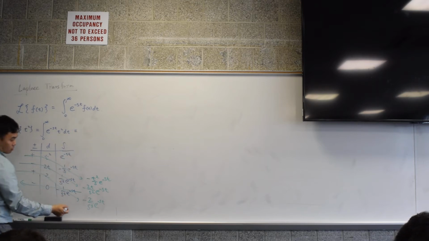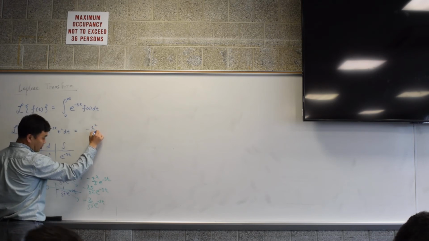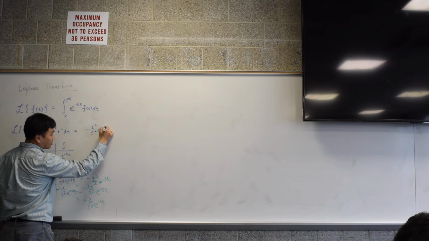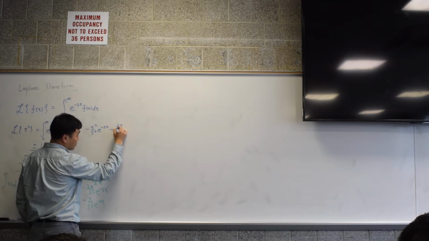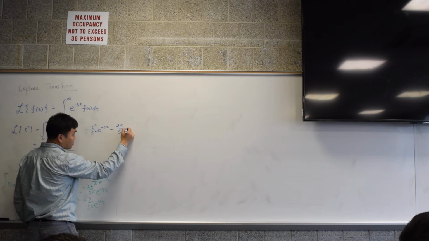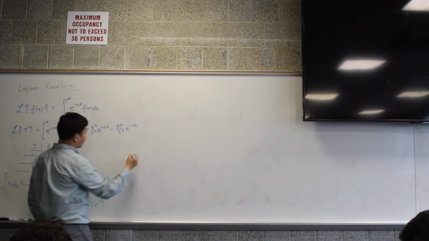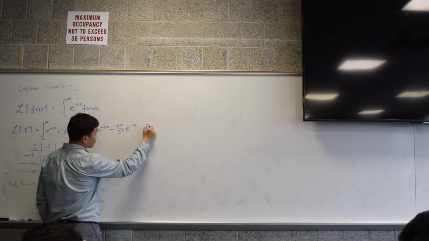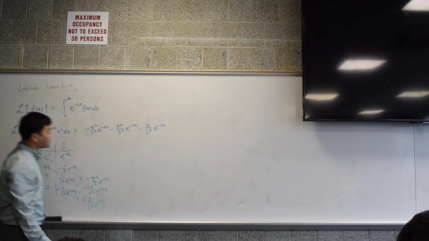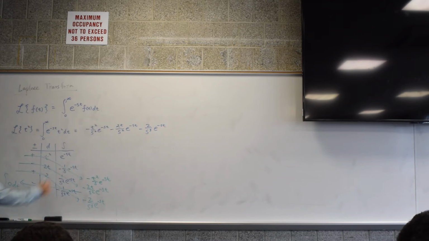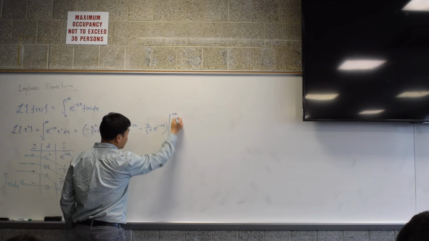Okay. So you have negative t squared over s e to the negative st, minus 2t over s squared e to the negative st, and negative 2 over s cubed e to the negative st. And into this function, I have to plug in infinity and 0.